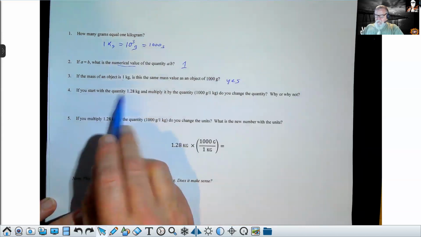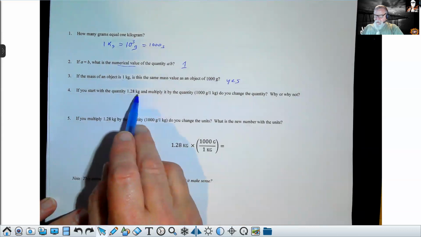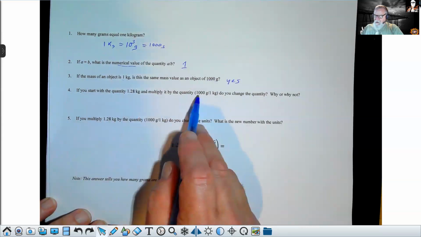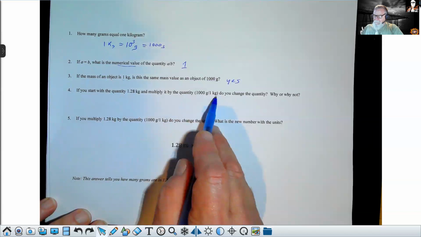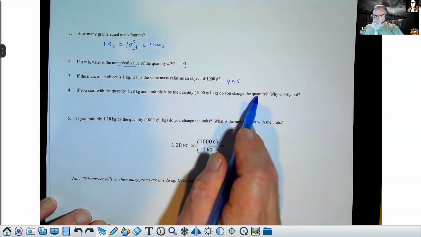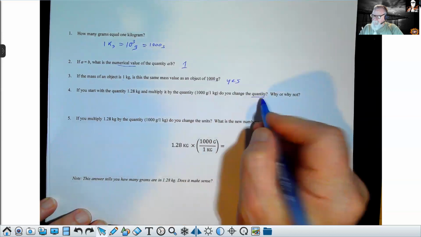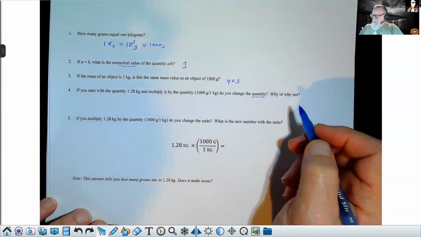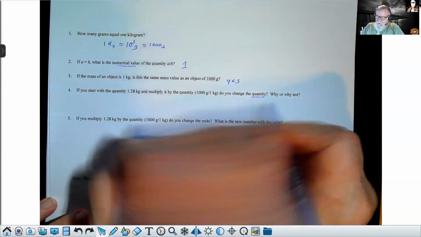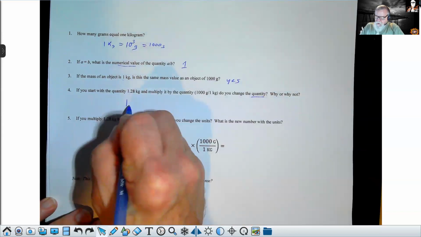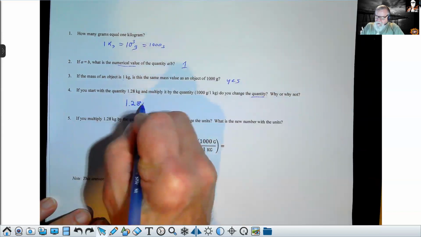If you start with the quantity of 1.28 kilograms and multiply it by the quantity of 1,000 grams per kilogram, do you have to change the quantity? Quantity is the number, right? And so the question is why or why not? Well, let's go ahead and look at this. 1.28 kilograms.